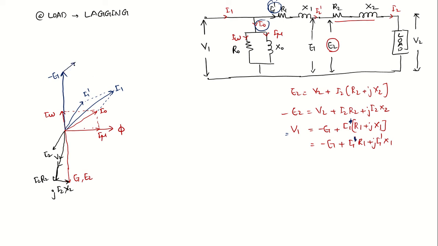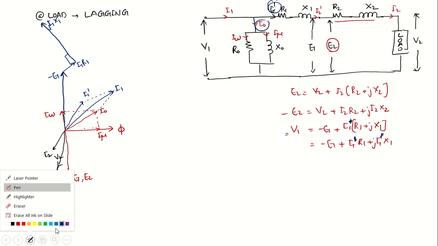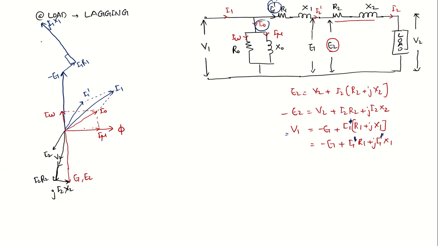This is I1 R1, then I1 X1 ആഡ് ചെയ്യാം. സോ 90 ഡിഗ്രി വരും, 90 ഡിഗ്രി, this is I1 X1, JI1 X1. ഇതിൻ്റെ റിസൾട്ടൻ്റ് ആണ് V1 എന്ന് പറയുന്നത്. And this is a resultant from 0, this point, this is known as V1. This is a phasor diagram at a lagging load.